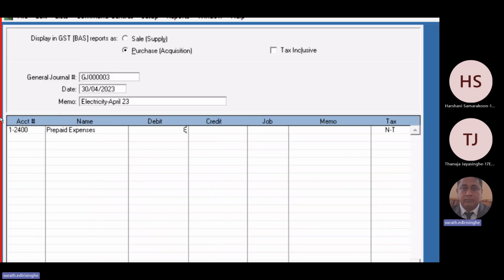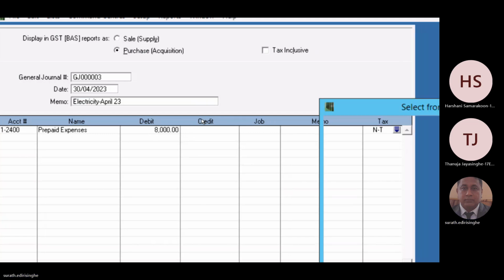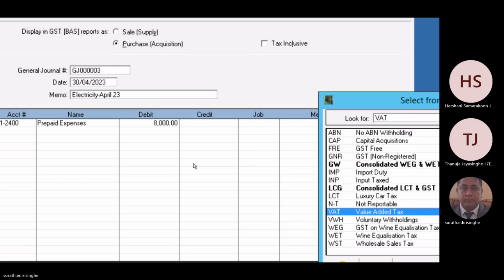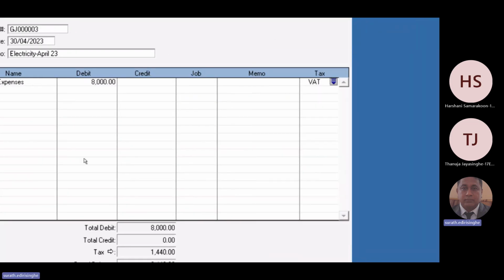Give a suitable memo number, like electricity 23 April. Definitely the electricity payment includes the VAT. Is it there? No? Liable to pay VAT.